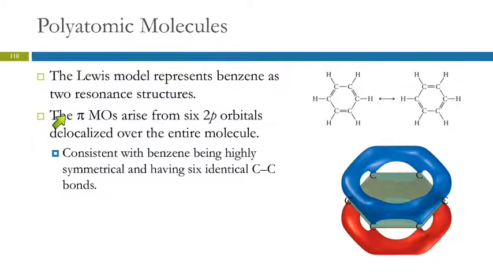So each of these in valence bond theory would be a sigma bond and a pi bond, and then next door we just have a sigma bond, and then sigma and pi, sigma, sigma and pi, sigma. Molecular orbital theory says, well, those pi bonds are actually spread out over the entire molecule.